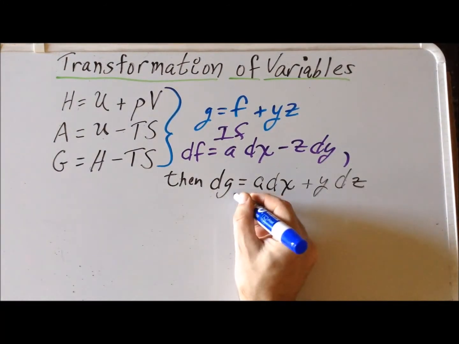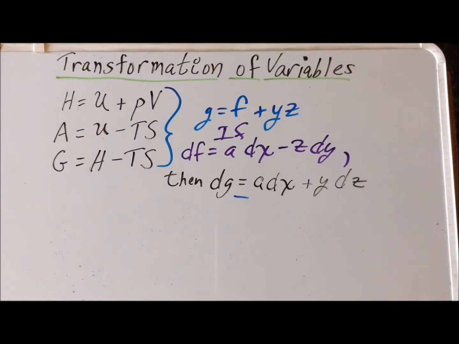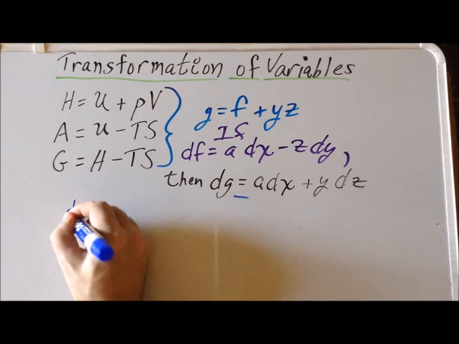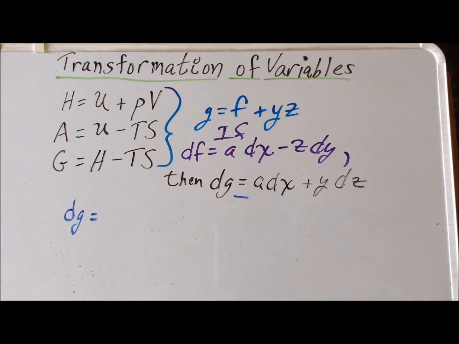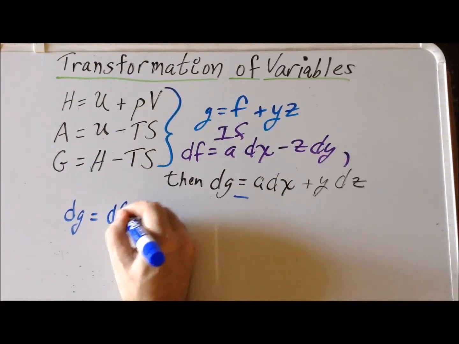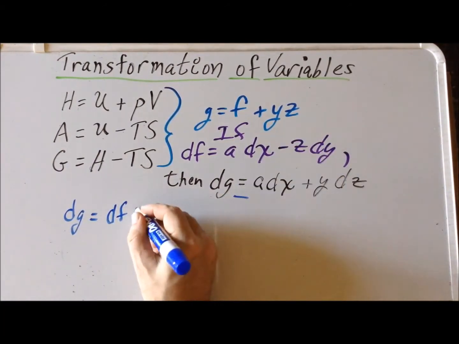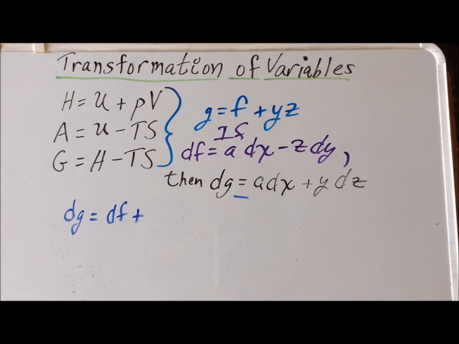Our first step is simply to start with our given information, and we see that g is equal to f plus yz, so it's in the form of three of our important thermodynamic functions. Then what we want to compute is the total differential of g. So we know that dg, just by definition of the function g, is equal to df, and then we have to use the product rule for differentials, just as we would use the product rule for the product of two functions.